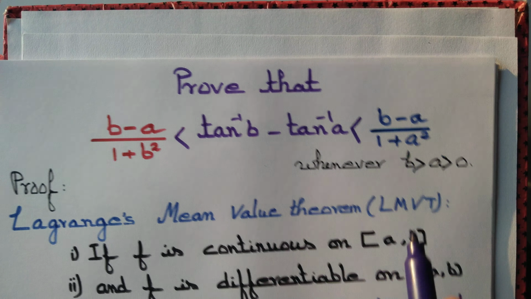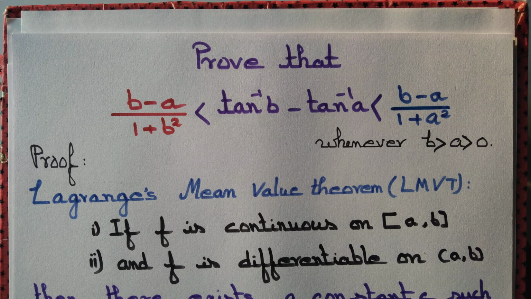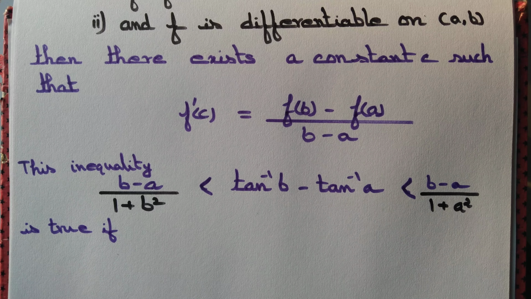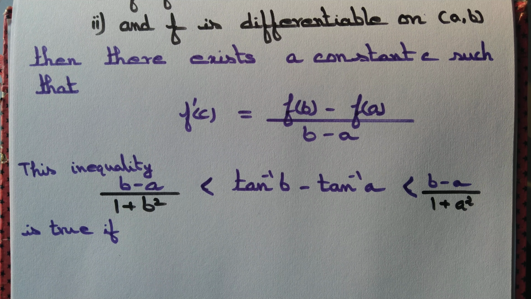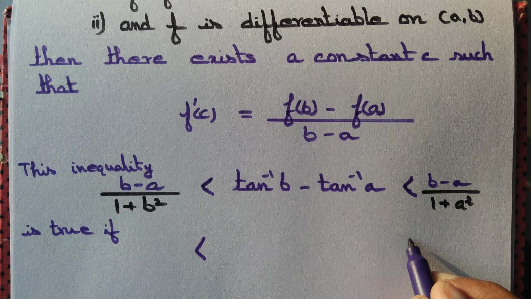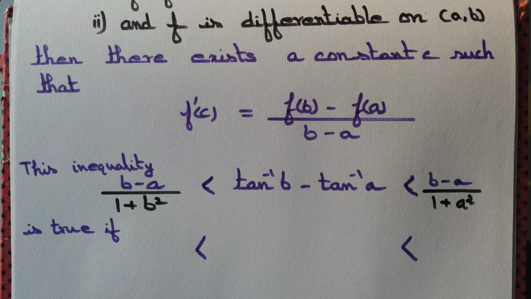Observe that we are given that b is greater than a and a is greater than 0. So b minus a is a positive quantity, and if we divide or multiply by a positive quantity, the inequality remains unchanged. Once again, if we divide by b minus a, this inequality will not change.